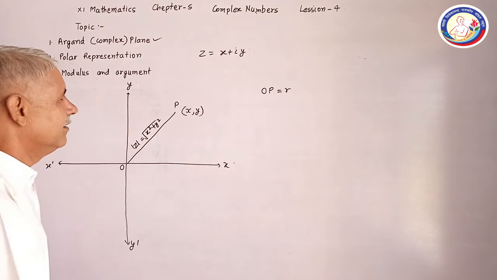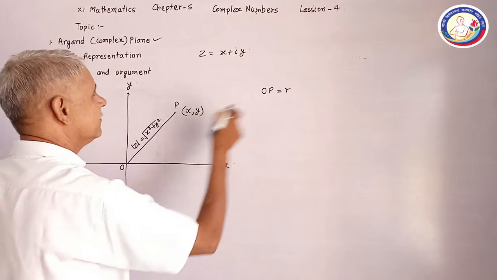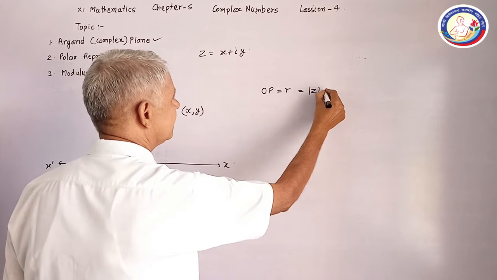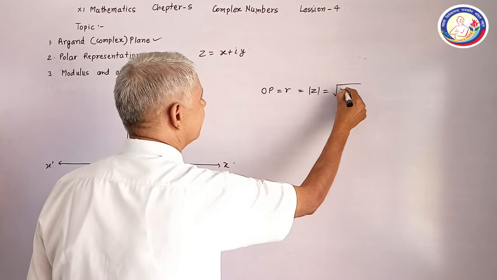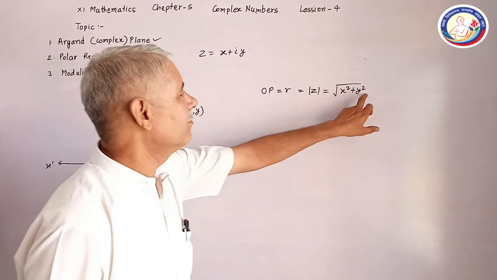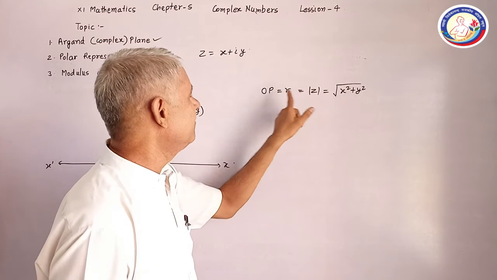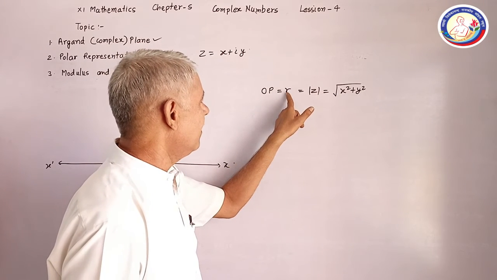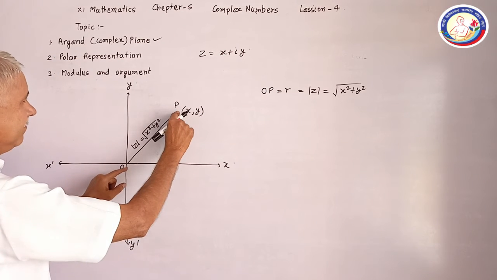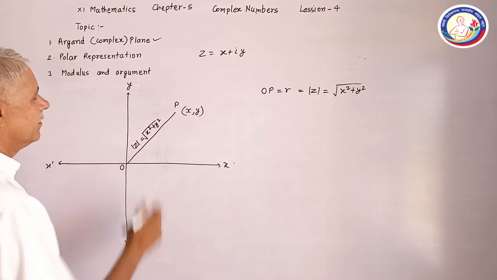Then what is r? r is nothing but the modulus of z, this number, which is square root of x square plus y square. So the modulus is represented by r. This is called the modulus of any complex number.